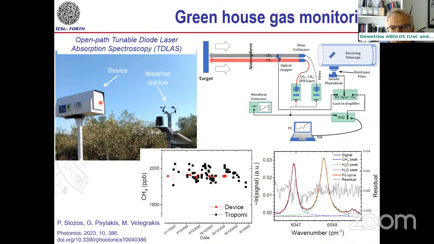So this group can measure average concentration of pollutants like CO2 or methane along the way, and you see the data collected for a number of days earlier this year and late last year are in certainly quite good agreement with data collected from the tropospheric measurement instrument, which is a satellite imager and satellite-based spectrometer.